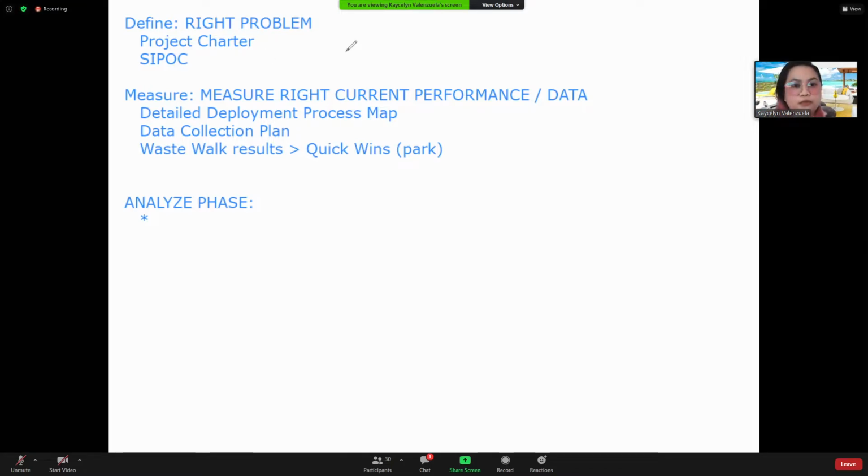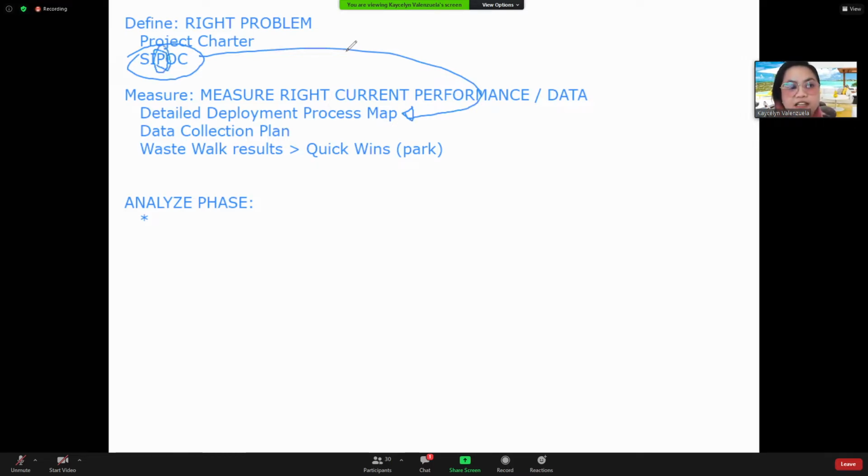When you went to the measure phase, ano ang dinala mo from define? Di ba ito? Yung sipok ko, ginamit ko, and I created a detailed process map from it.